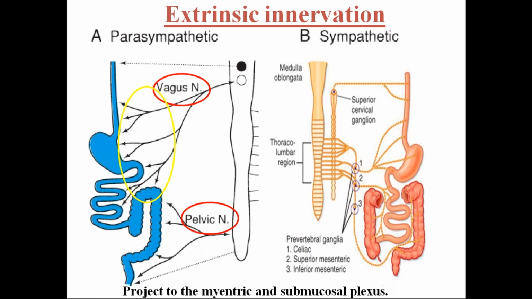So intermediolateral gray horn, thoracolumbar division, which is giving rise to the sympathetic supply to the GIT, and it will be reaching the prevertebral ganglia, which is your celiac, the superior mesenteric, and the inferior mesenteric ganglia, right? So these fibers project to the myenteric and the submucosal plexus of the enteric nervous system and help to modify the activity of the enteric nervous system.